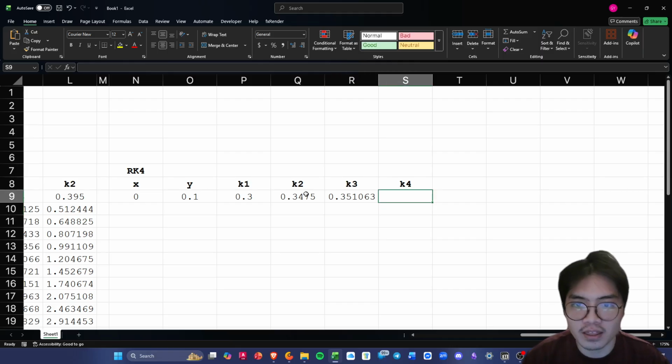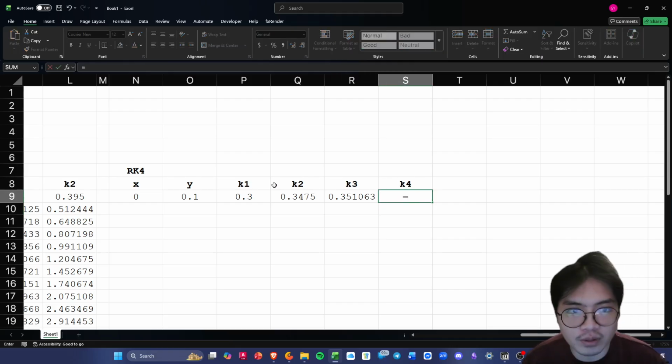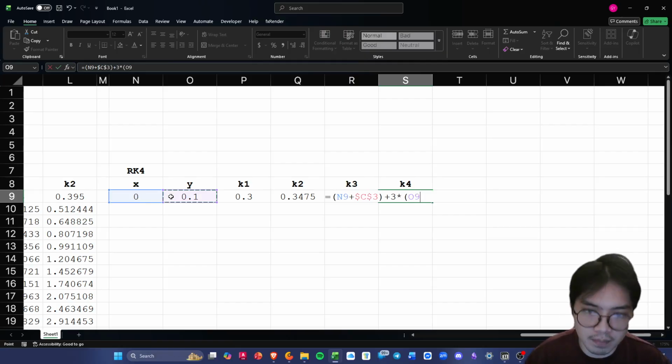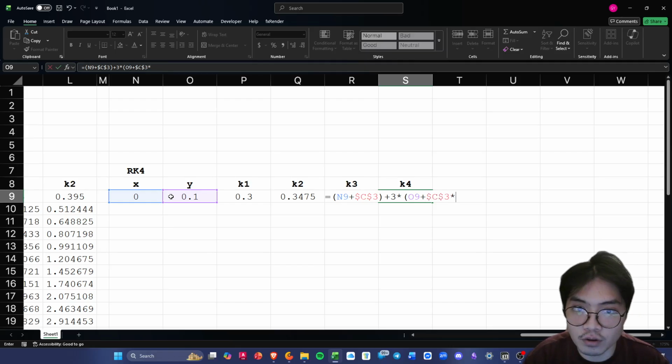And then finally, for K4, you will now take full steps. This is now going to be added to just the value of C3. And then what you will have in here is 3 times Y, so this is Y plus H. So this is just C3 times the value of K3, which is now R9, I think.